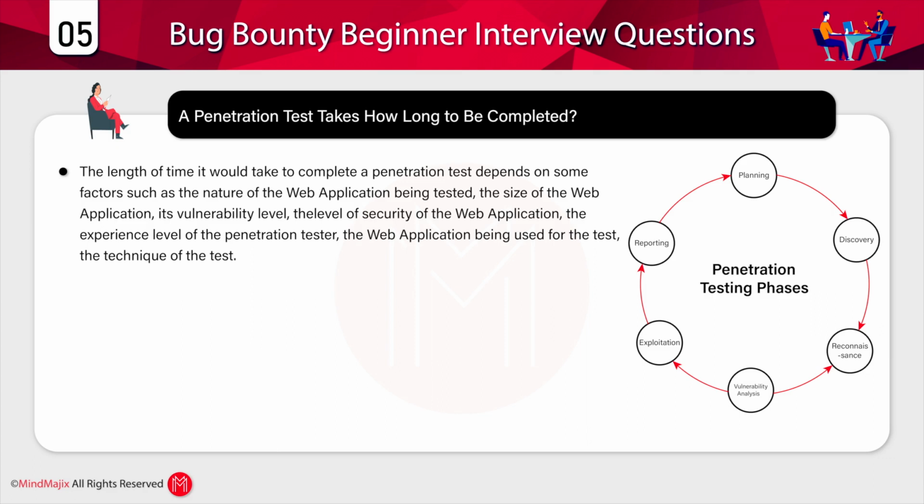We need to consider all these things, and the experience level of the penetration tester, and give an approximate time to complete that particular penetration testing. Based on the technology, the vulnerabilities, the size of the web application and the modules it has, we consider everything and then give the approximate date of completion.